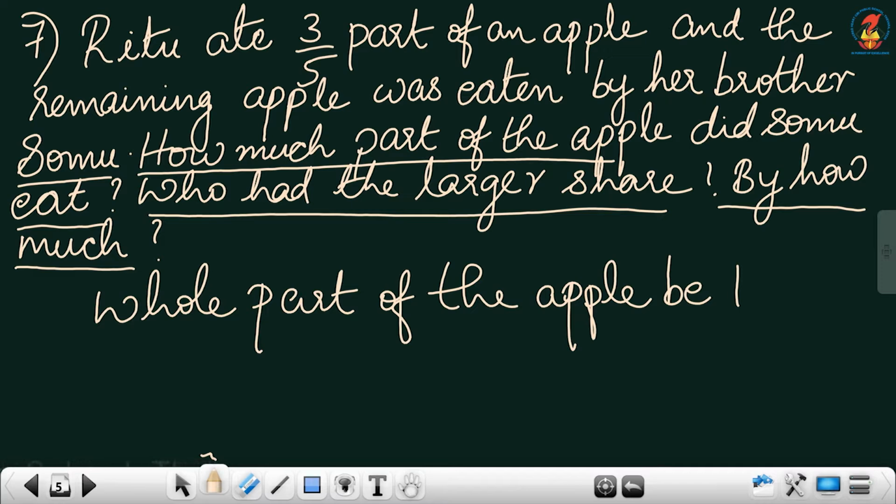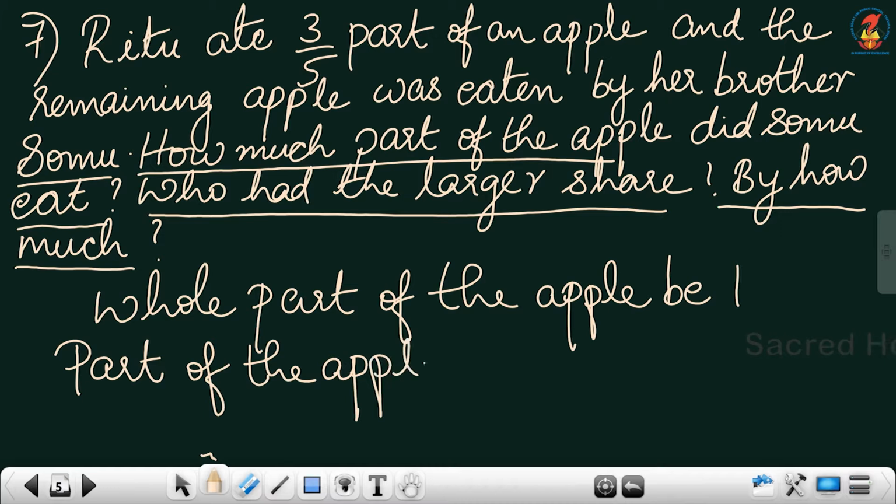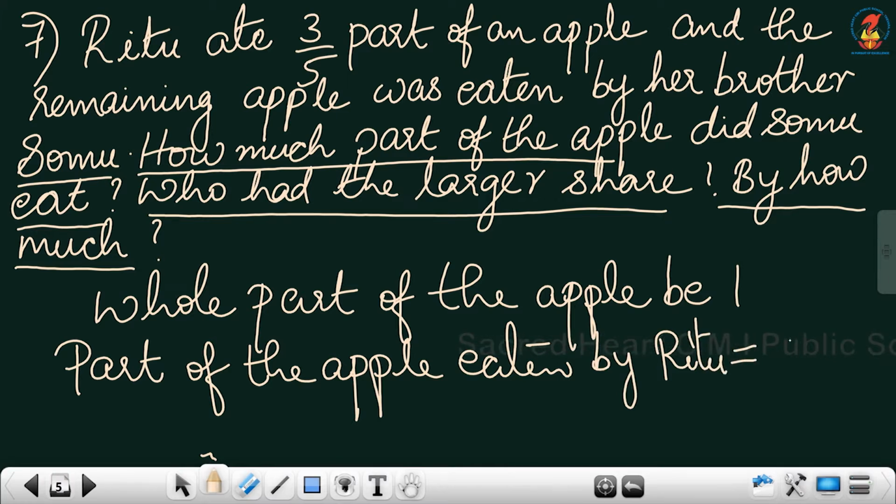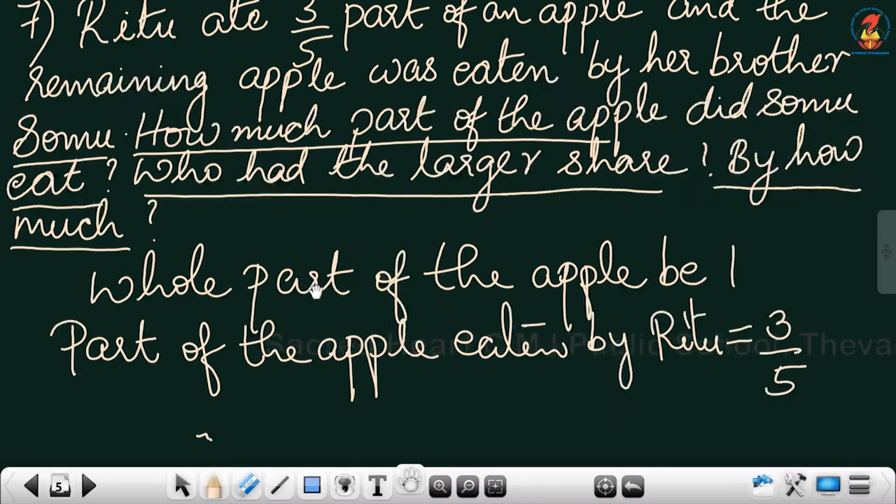Now, what part of the apple was eaten by Ritu? 3 by 5. So write down, part of the apple eaten by Ritu is 3 by 5. Now continue the question.